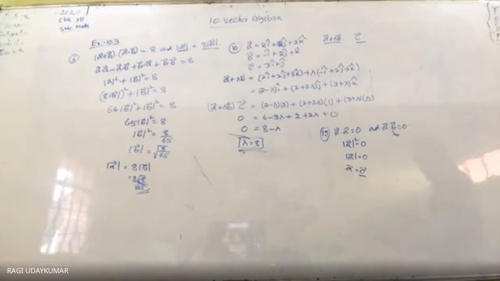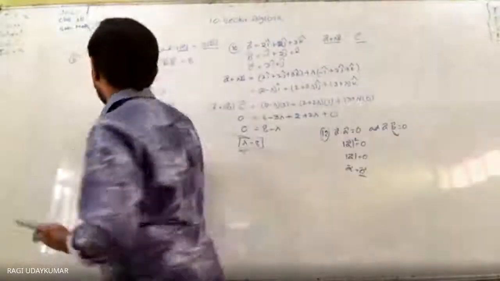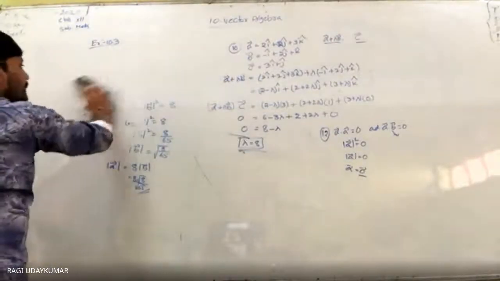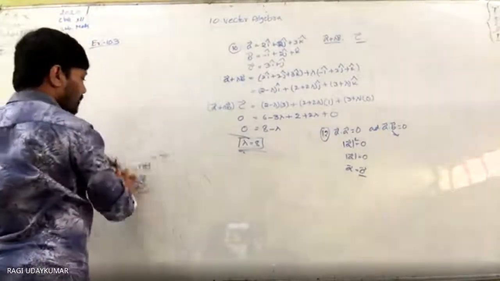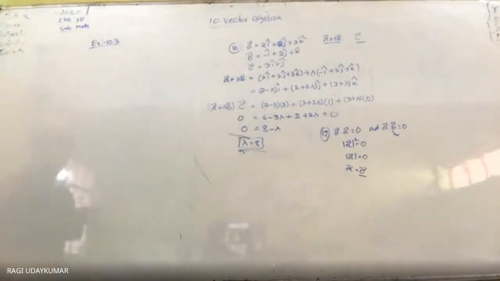Here a bar, b bar and c bar are unit vectors. So it is a very interesting and important question also. This is the 13th one. The question: a bar, b bar, c bar unit vectors are given.